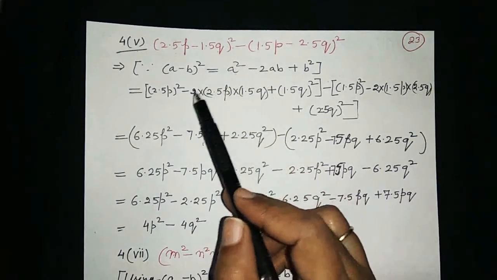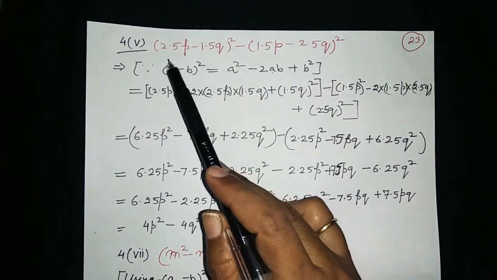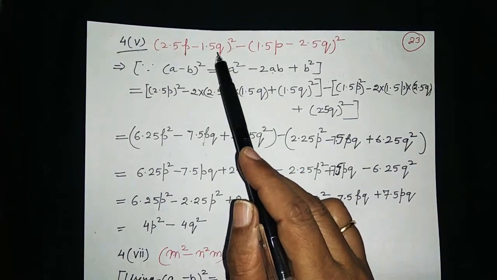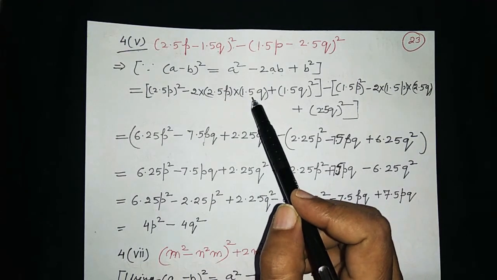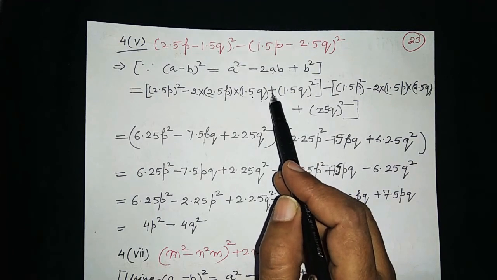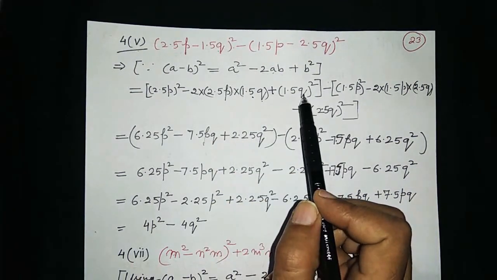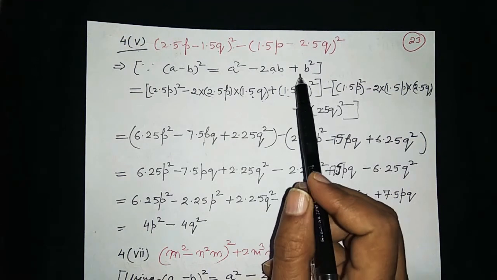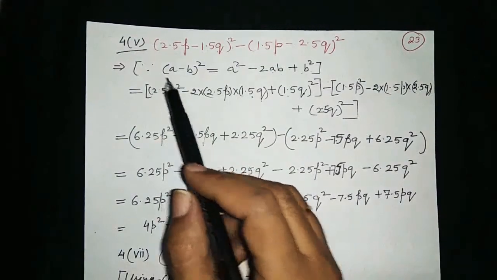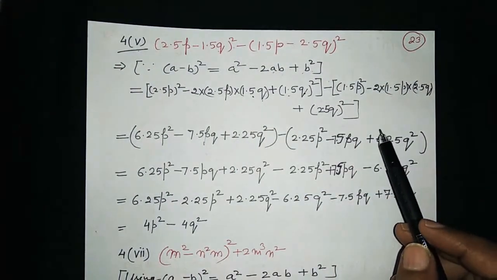Here minus 2 into what is a? A is 2.5p. Clear? And b is 1.5q. Here you will write. Okay. Now plus 1.5q whole square you will write for b square. Okay. Now we will close the bracket. Okay. Square bracket we will use and we will close it.